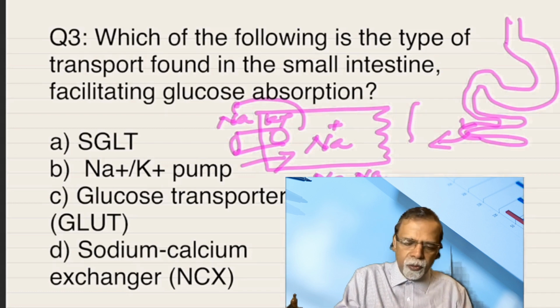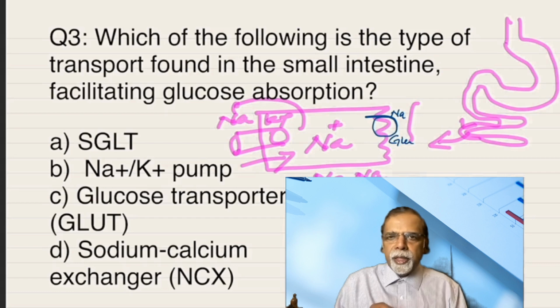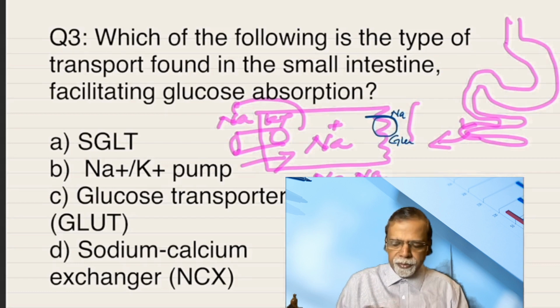On the luminal side we have a carrier protein which can attach sodium and glucose. It gets activated only when glucose and sodium get attached.